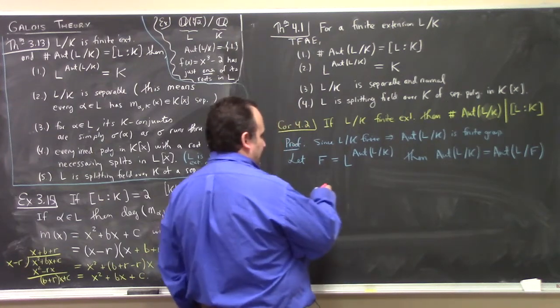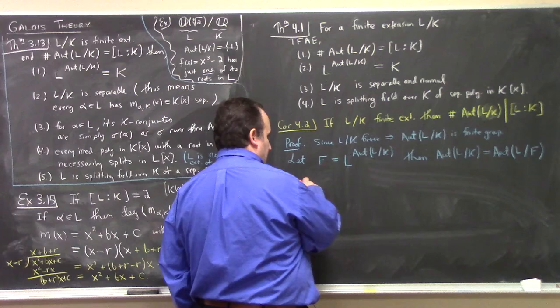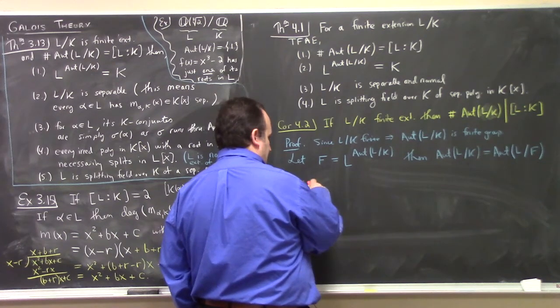Yeah. So pick a thing in Aut L over F and see if it's in Aut L over k. All right, so I'll pick sigma in Aut L over k.